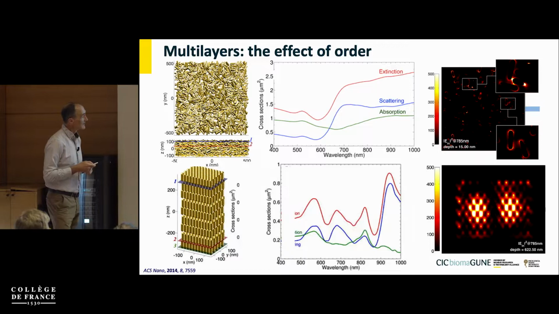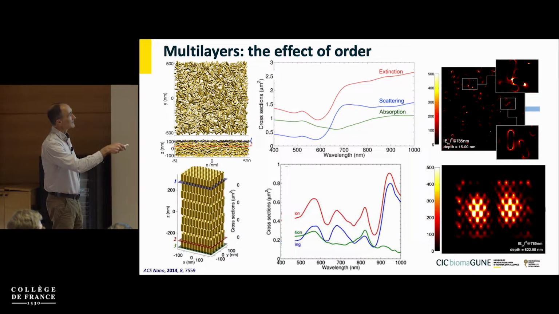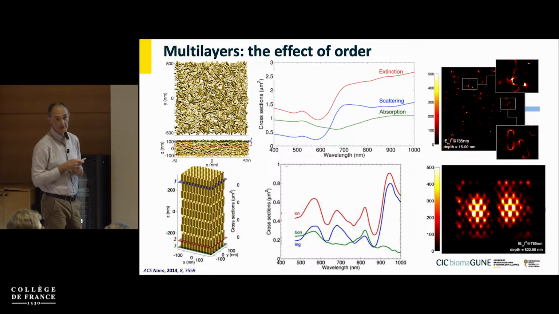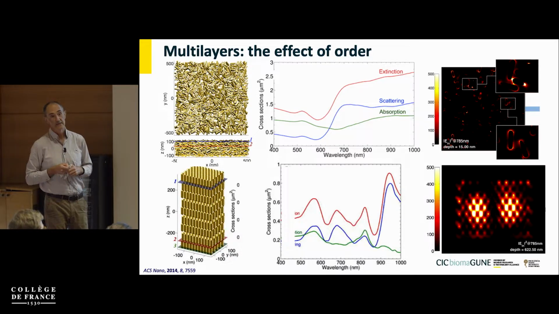But anyway, the major result is not only that there are differences in the efficiency at different wavelengths, it's mainly that here, this is the calculation for the efficiency at very close to the top of the substrate. I don't have it here, but we also have the simulation for a few tens of nanometers inside of the film.